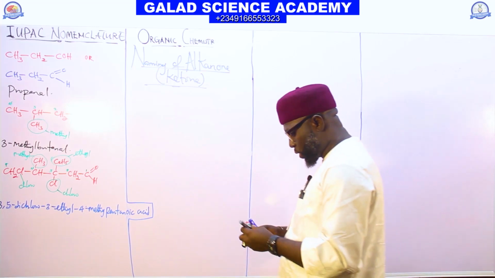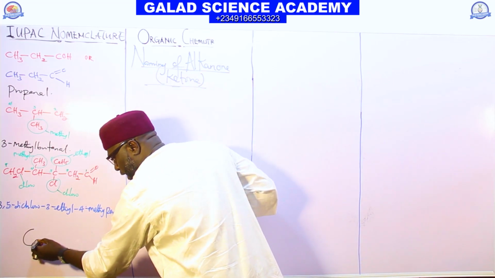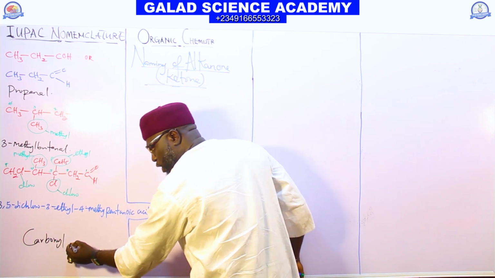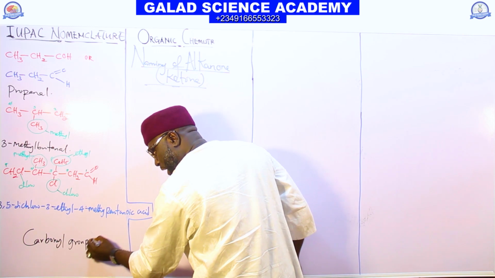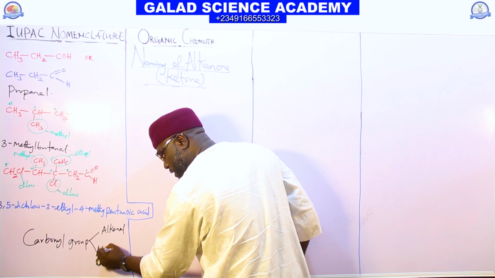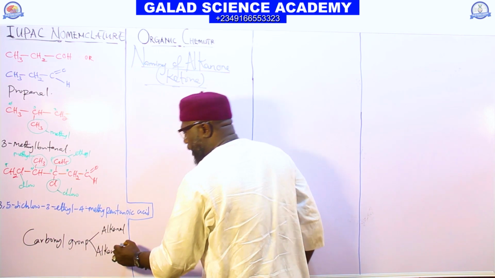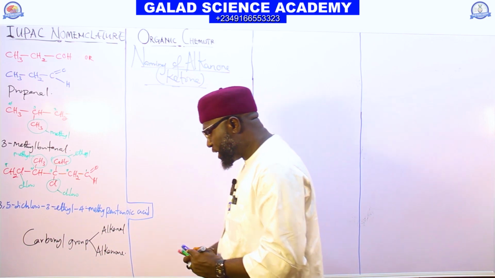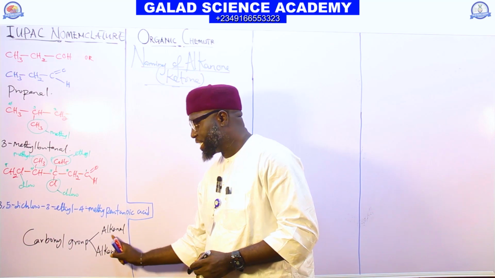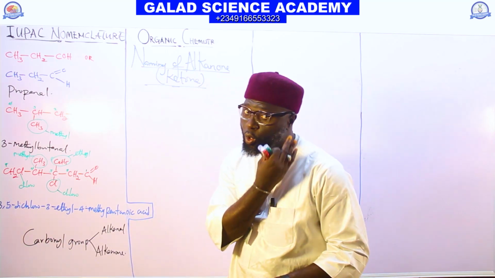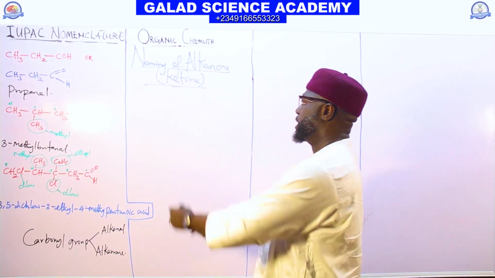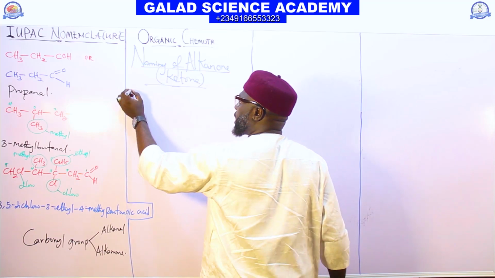I said before that we have the carbonyl group. The carbonyl group is alkanone and alkanal. This alkanone we call ketone. This alkanal is aldehyde. They are the carbonyl group, whereas the carboxyl group is carboxylic acid.